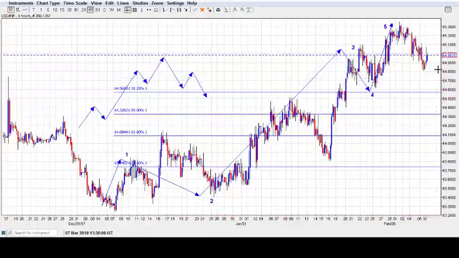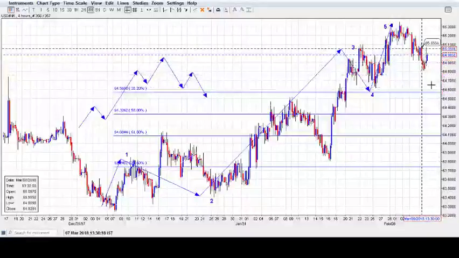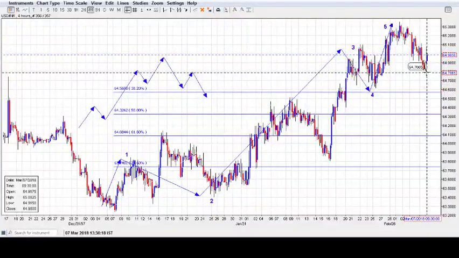So watch out for the correction to extend a bit more lower right now before the next leg resumes. That could be on the north side. Our high probability remains on the north side.